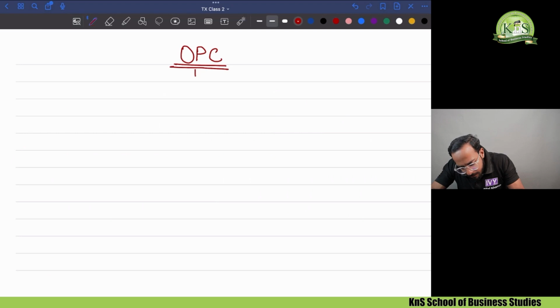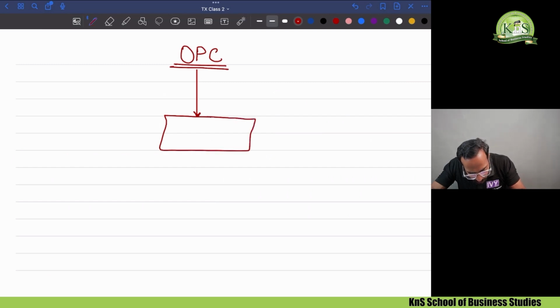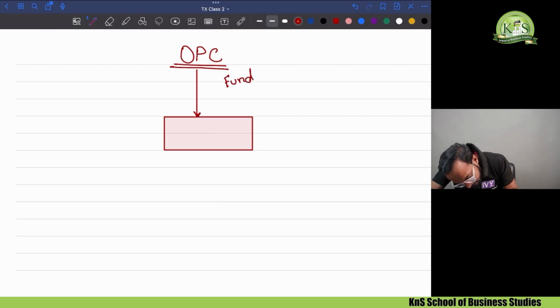It is a fund created by the organization where you work, basically where you do your job.